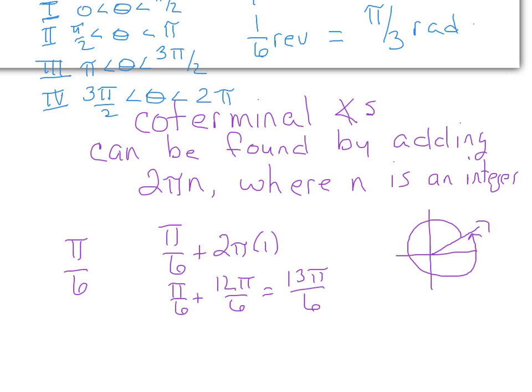Where did you get the 12? That's what I'm wondering. What is 2 pi? 12 over 6. 12 pi over 6. Negative angle, we can do pi over 6 plus 2 pi times negative 1, which would be pi over 6 minus 12 pi over 6, or negative 11 pi over 6.